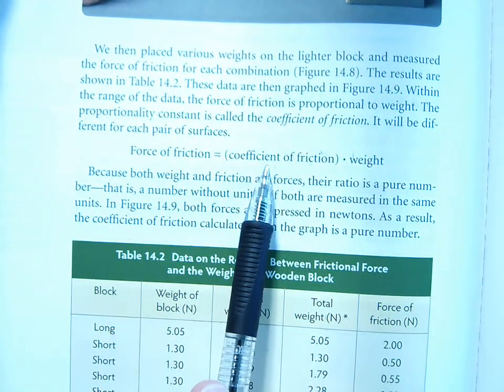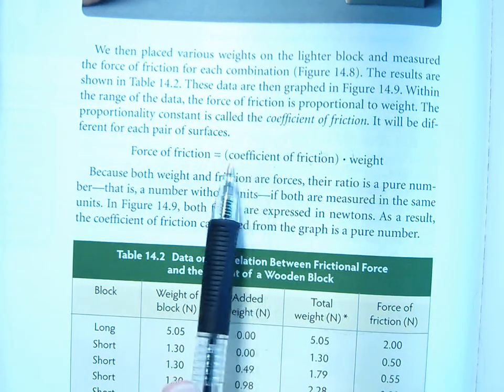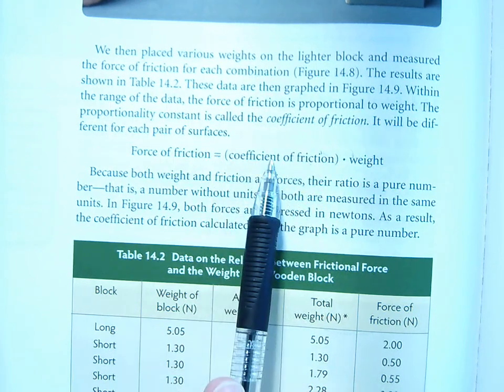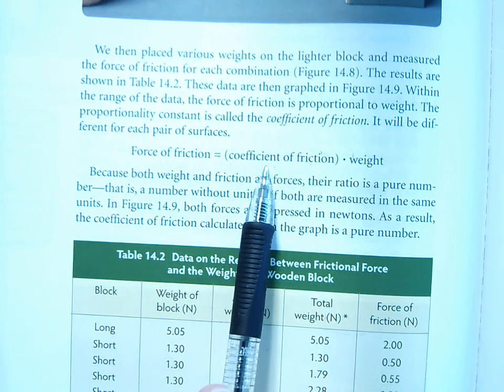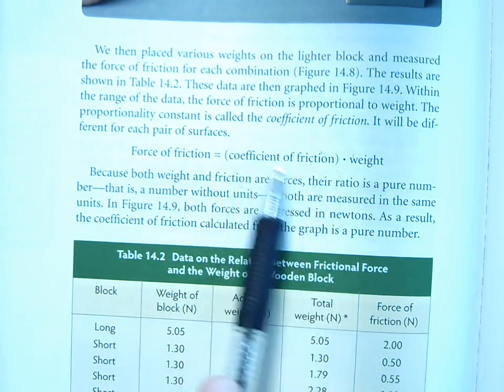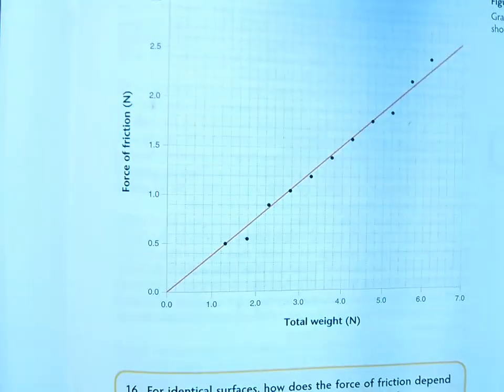The proportionality constant here in this formula is not the same thing as this coefficient of friction. And I found my students being confused about this. They saw coefficient of friction and they automatically thought, oh, that's 9.8. No, it's not 9.8. The coefficient of friction takes into account the surface types, and it will be specific to the surfaces that are involved.